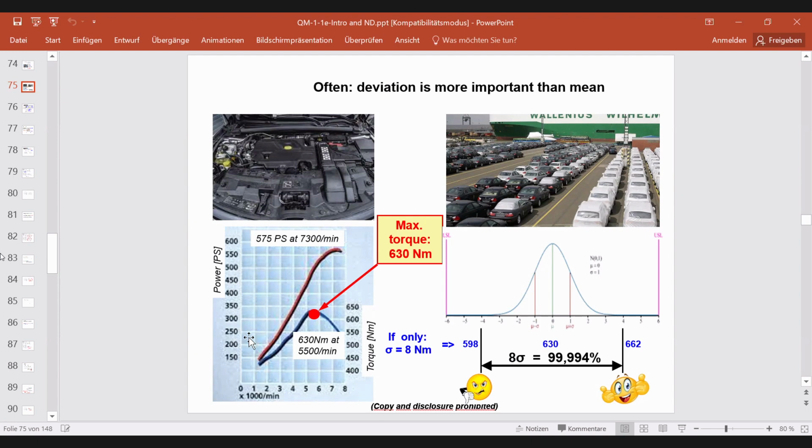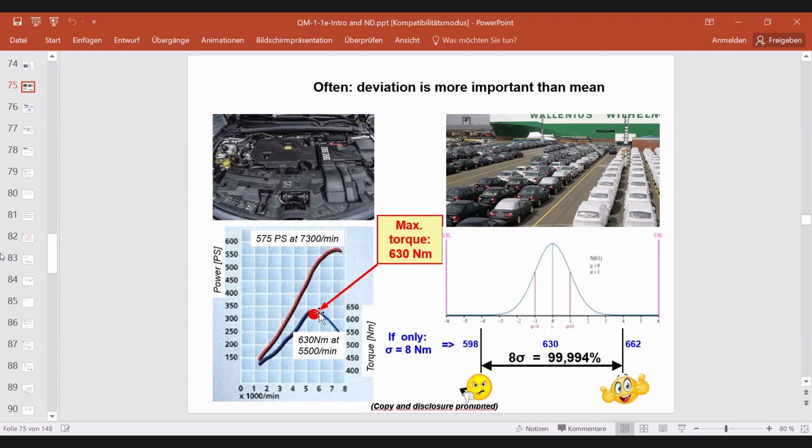And on this axis you see the torque, how strong the motor is. The torque is measured in Newton meter, and it depends on the number of rotations of the motor.